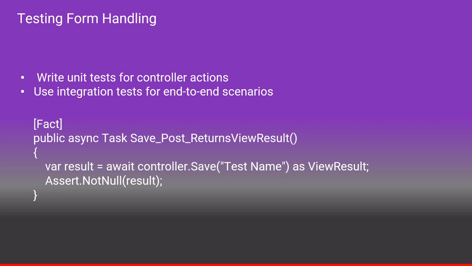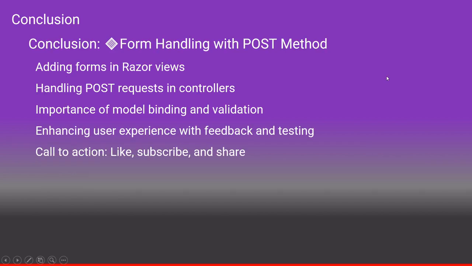Additionally, consider using integration tests for end-to-end scenarios to ensure that your entire form submission process works seamlessly. Automated tests can help catch issues early and maintain code quality as your application evolves.